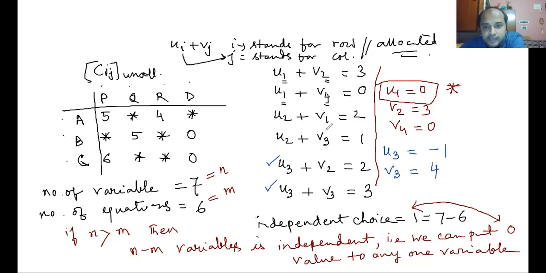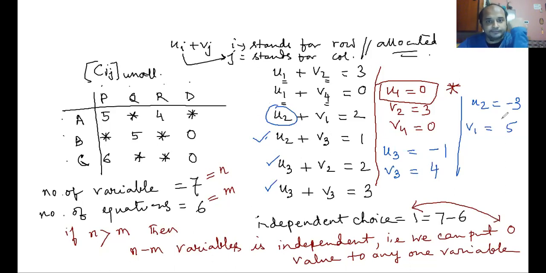And once you get your V3, that is 4, your U2 will come from this equation, 1 minus 4, that is minus 3. And once you got your U2, from this equation you get V1 equal to 5. Yeah, just check.